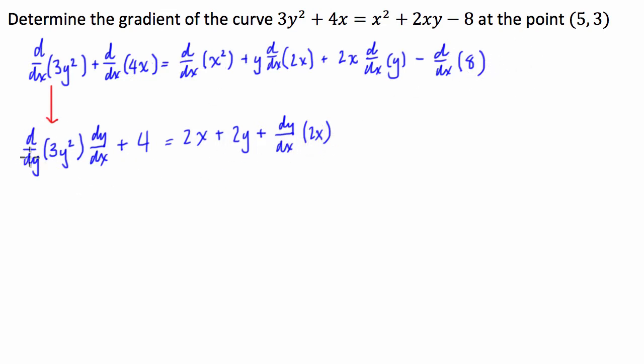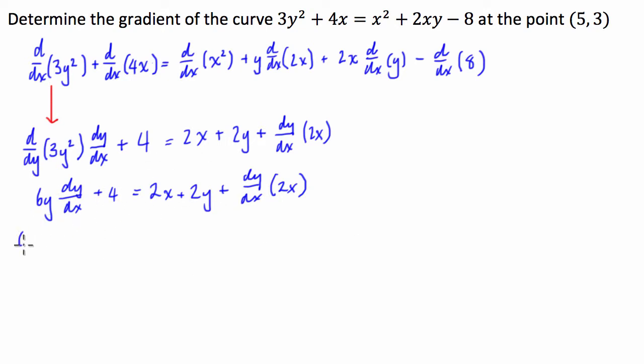Great. So differentiating this with respect to y, we have 6y times dy/dx plus 4 is equal to, we can just write the rest of it down, 2x plus 2y plus dy/dx times 2x. Now a lot of people will try and solve it from here. I like to have my dy/dx equals something. So we'll get all of our dy/dx terms on the left, and we'll move our 4 to the right.